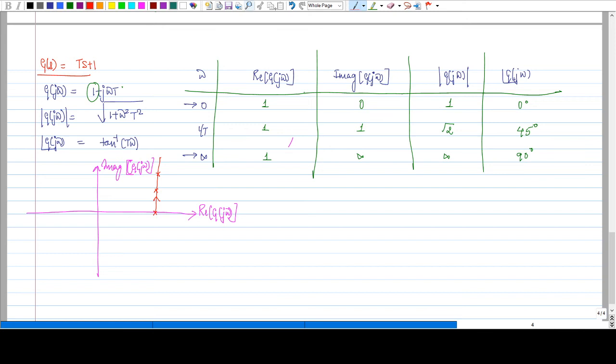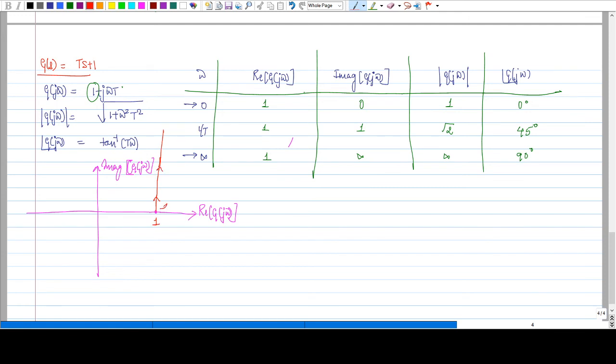Let me not show the cross one. The cross depicts the pole location, so I'll just change it to simple points. With that, your Nyquist plot is simply a vertical line starting from 1 and moving upwards.